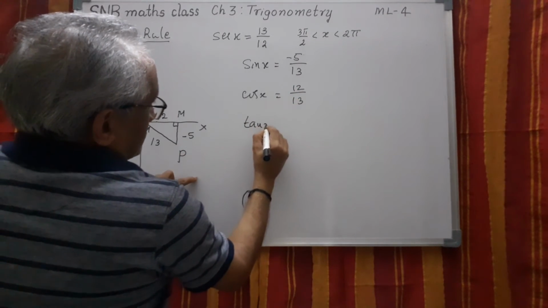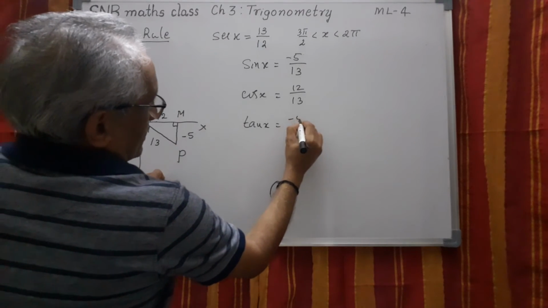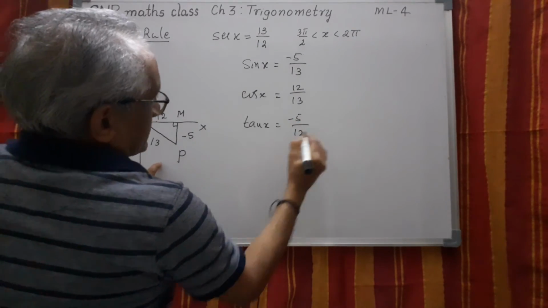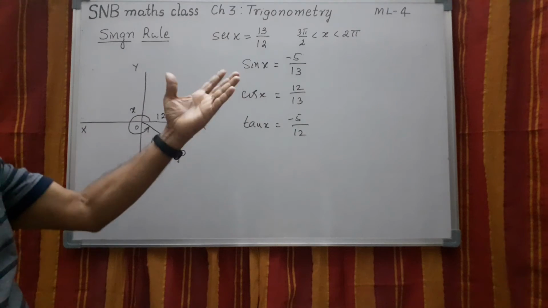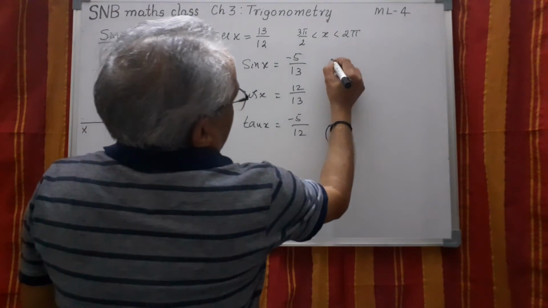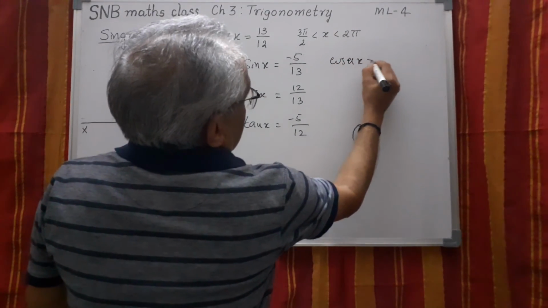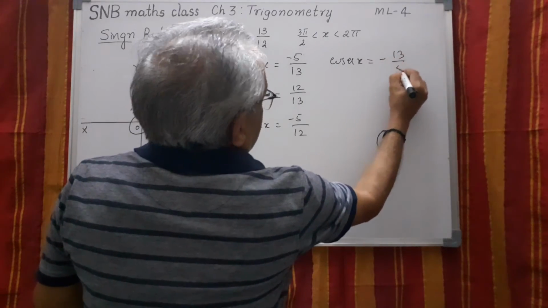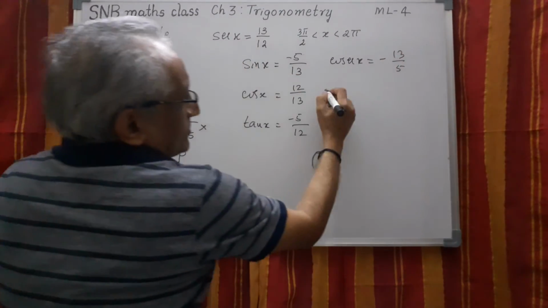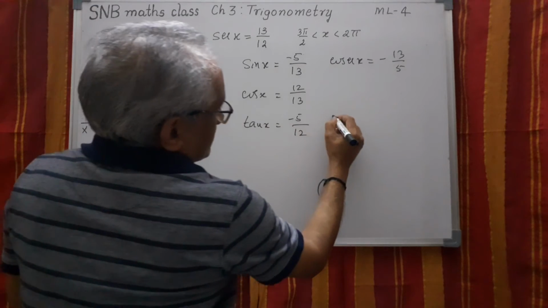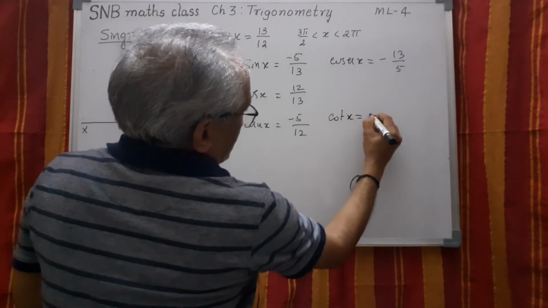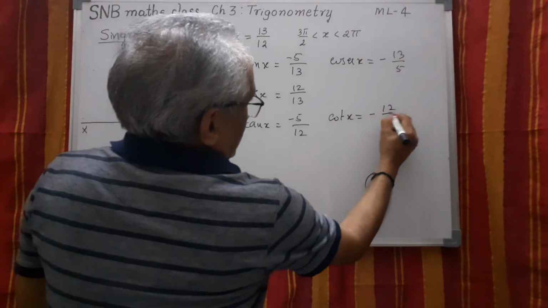Then tan x, opposite over adjacent, is minus 5 by 12. So these are the three ratios. The remaining you can write using these only. Therefore, cosecant x will be equal to minus 13 by 5. Secant x is given, so there is no need to write it here. Tan x is given, therefore cot x will be equal to minus 12 by 5.